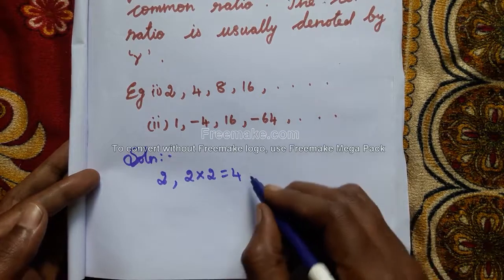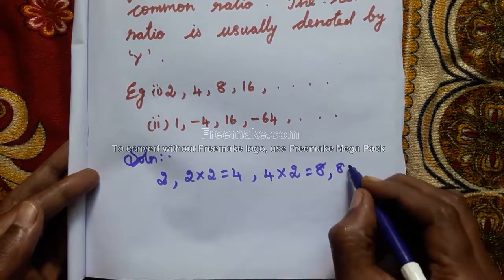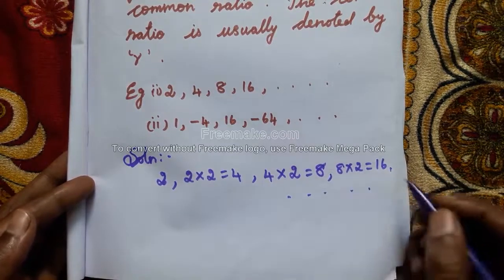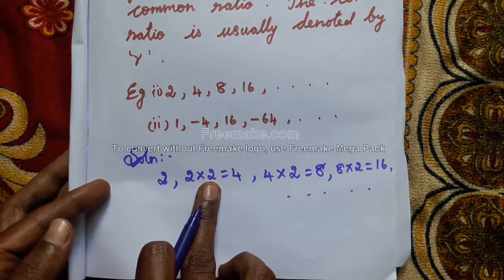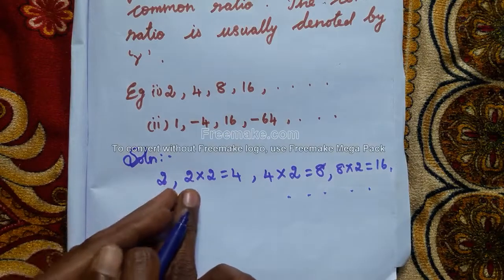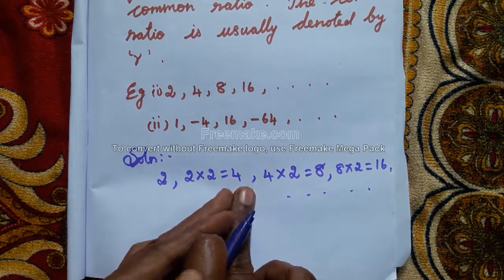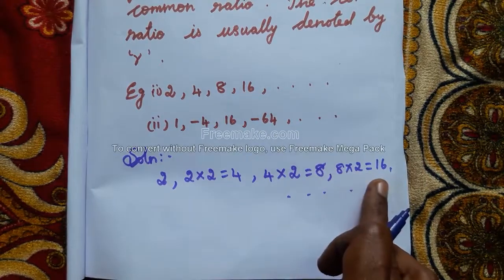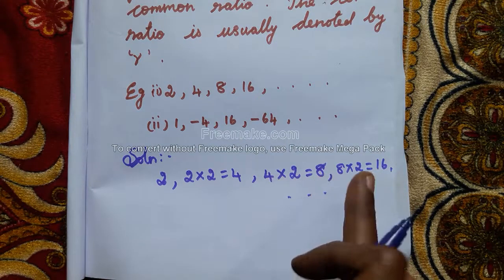Next, 4 into 2 is equal to 8. Next, 8 into 2 is equal to 16. Here we are multiplying every term by one fixed non-zero number, except the first term. For the first term we are not multiplying anything. Next term, 2 into 2 is equal to 4. Next, 4 into 2 is equal to 8. Next, 8 into 2 is equal to 16. Clear students? So it is a geometric progression.